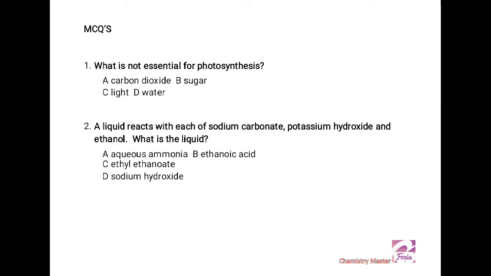It begins with the MCQs, and the first MCQ is, what is not essential for photosynthesis? To get the correct answer, you must be very clear about the process of photosynthesis, its required conditions, and the products of photosynthesis. Photosynthesis is the process by which plants prepare their food using light, water, carbon dioxide.